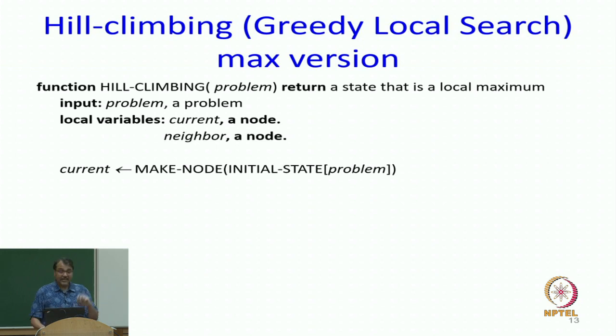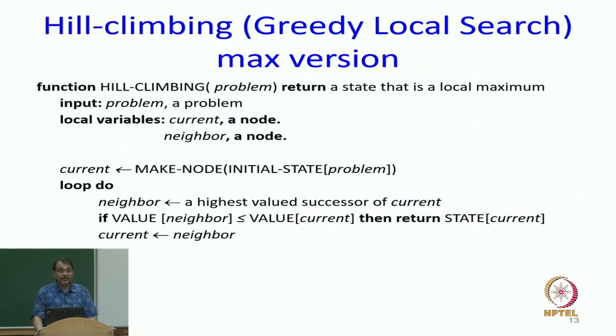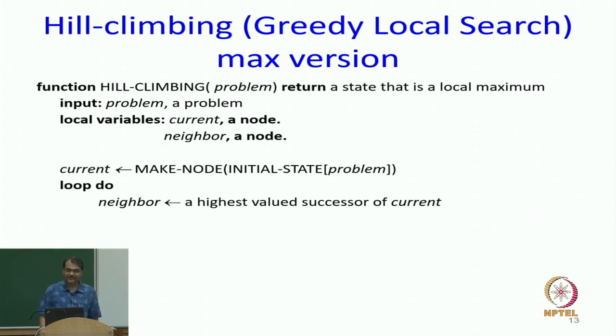I am at some state and I have lots of neighbors. For each neighbor I have the objective function. I pick the neighbor with the best objective function and I jump to that neighbor and I keep going.